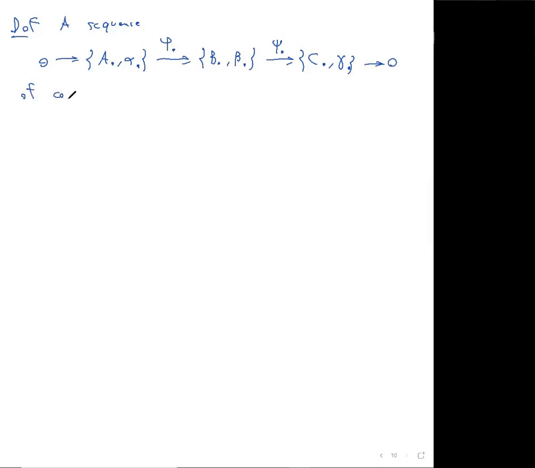So this sequence of cohomological complexes is exact if it is exact at every level.